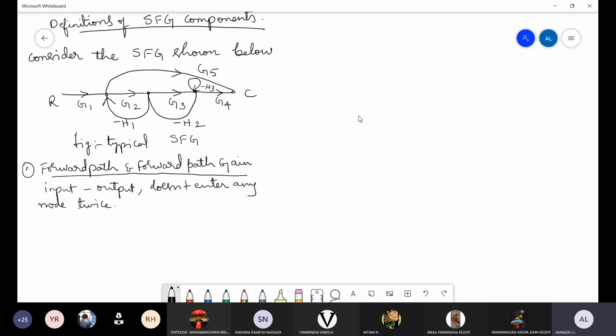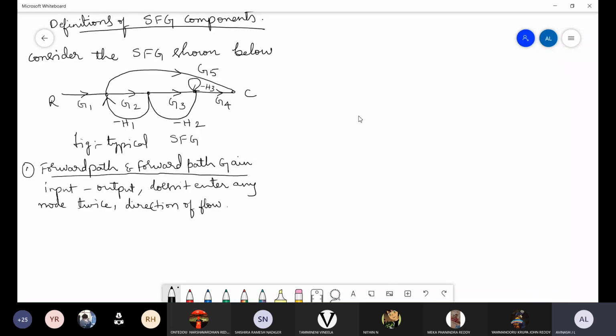We should travel only one time through a node. And you should follow the direction of flow. So direction of flow also should be followed.